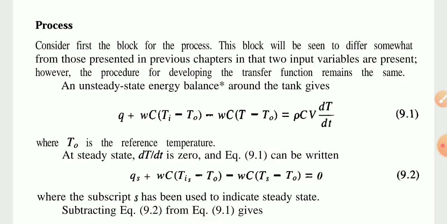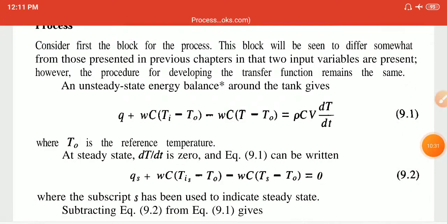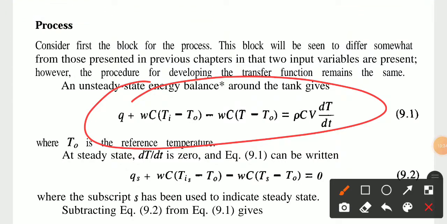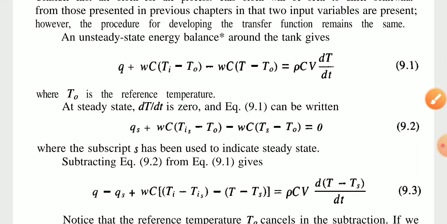Okay, and for the unsteady state conditions, let us see the energy balance on this basis. Q plus WC(Ti minus T0) minus WC(T minus T0) is equal to rho CV dT/dt. Here capital T and small t are two things that will come from the block diagram.